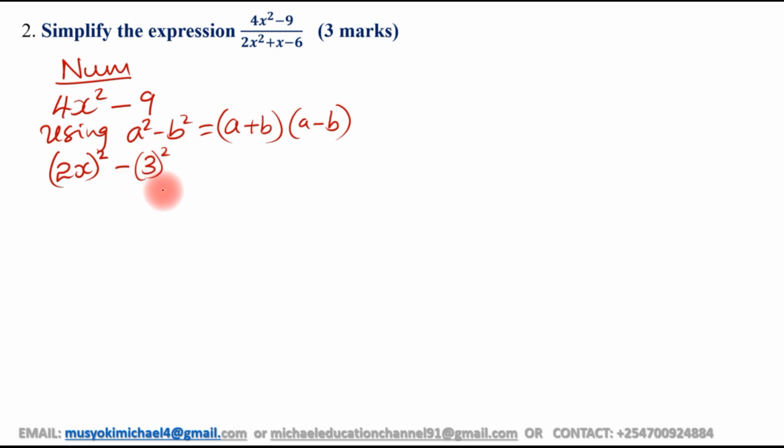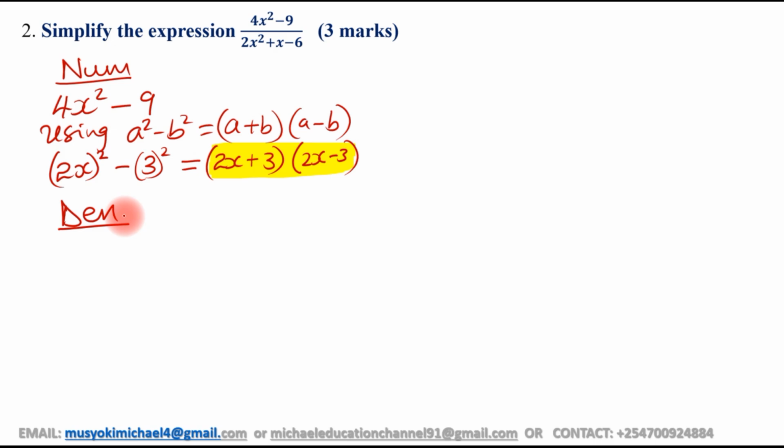So this is the difference between two squares, and with a corresponding to 2x and b corresponding to 3, it is 2x plus 3 multiplied by 2x minus 3. We shall use this in our final calculation.